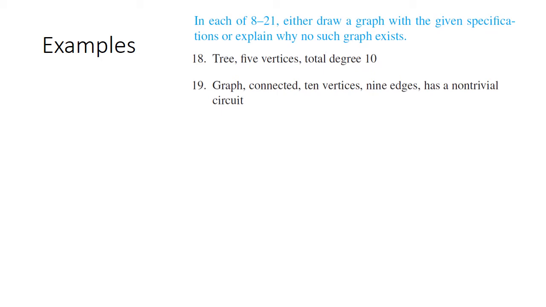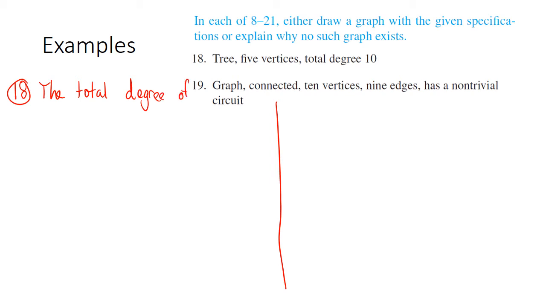Okay, so let's look at a couple more of these, and then I'll give you the homework. So for 18, a tree with 5 vertices and total degree 10. This might look possible, but it's actually not possible because of something that we learned in the last lesson. The total degree of a graph is twice the number of edges.